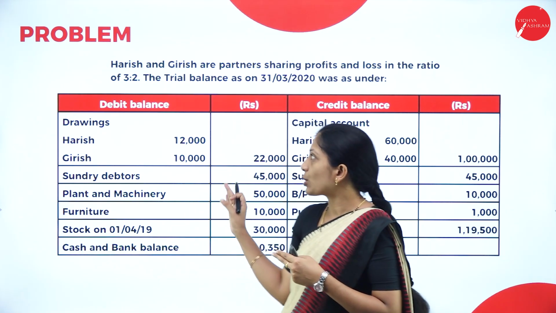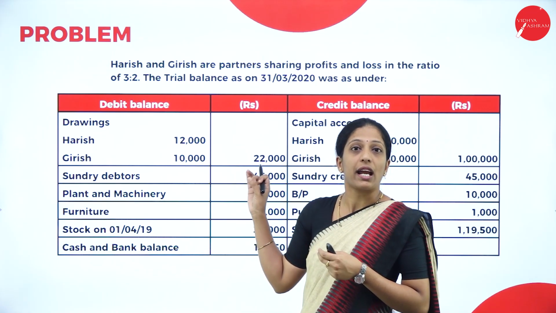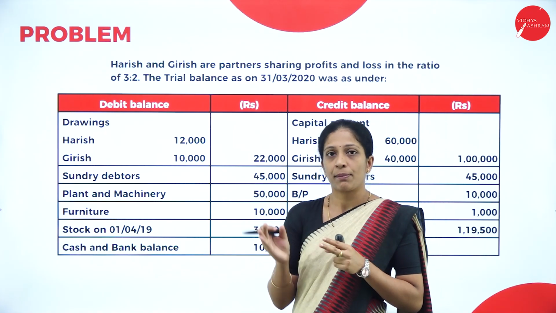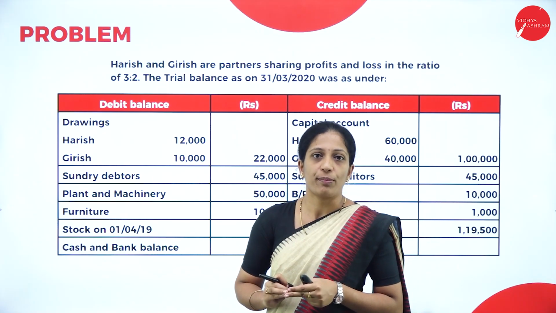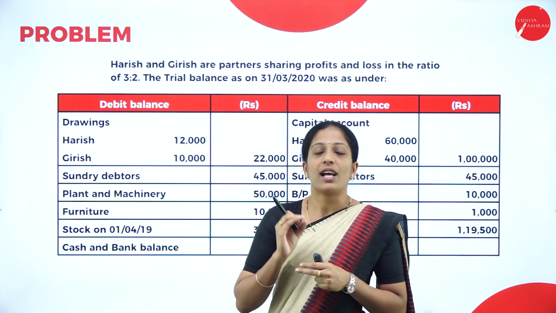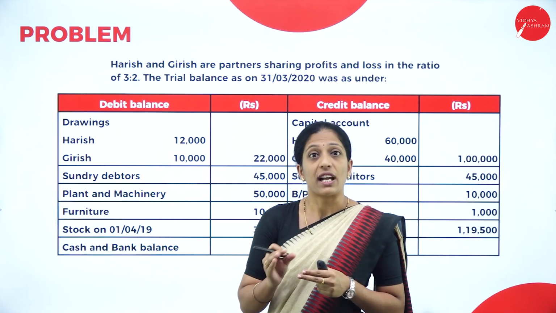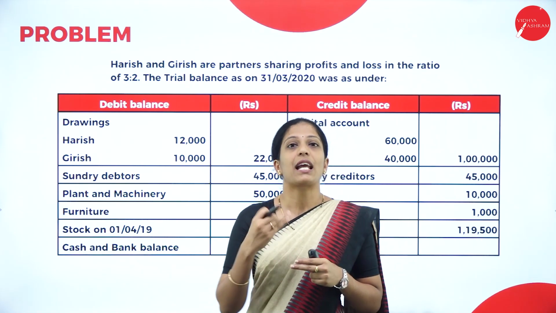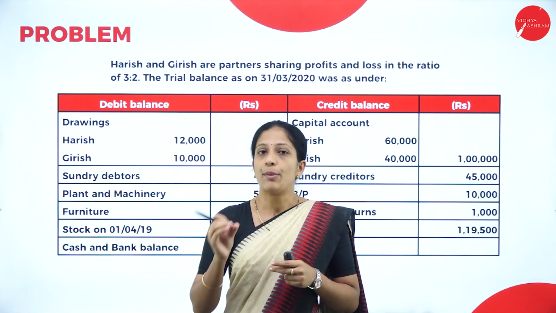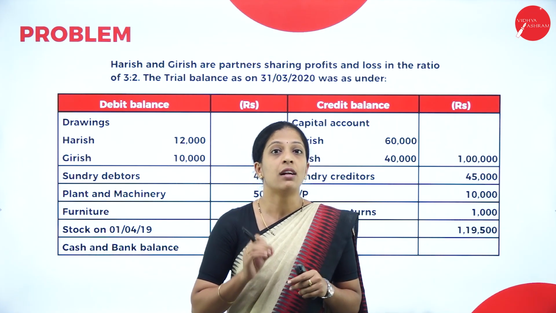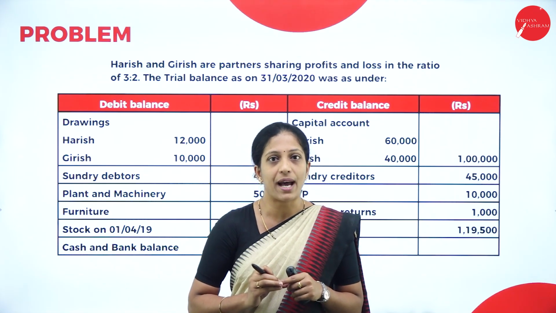Now, if you see this question, we already know what accounts we have to prepare here, because in your previous session also I discussed one of the problems relating to this, where we have to prepare the final accounts of partnership firm. The accounts to be prepared are trading account, profit and loss account, profit and loss appropriation account, partners capital account and balance sheet.